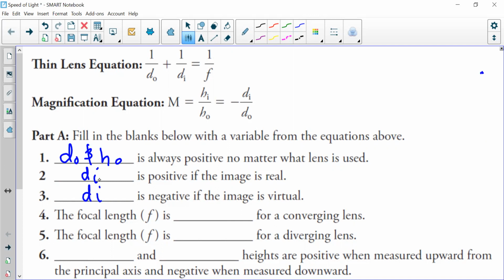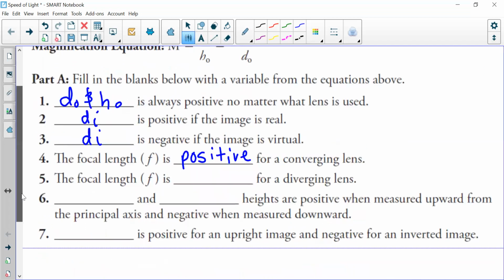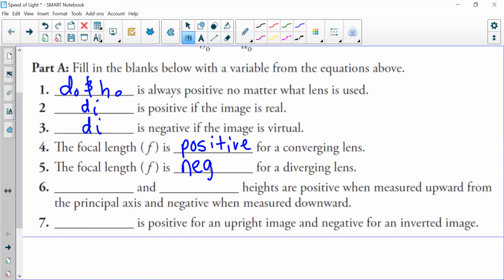The focal length is blank for a converging lens. Positive. Good. The focal length is blank for a diverging lens. Negative, good. Blank and blank heights are positive when measured upward from the principal axis and negative when measured downward.